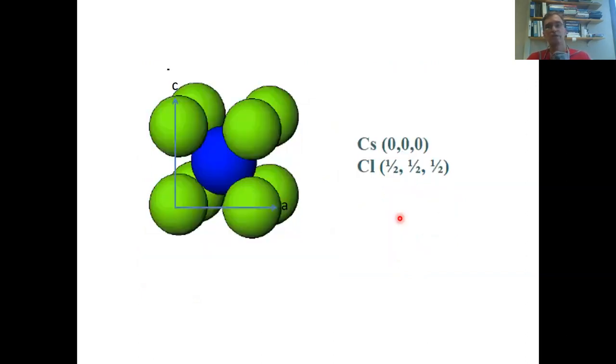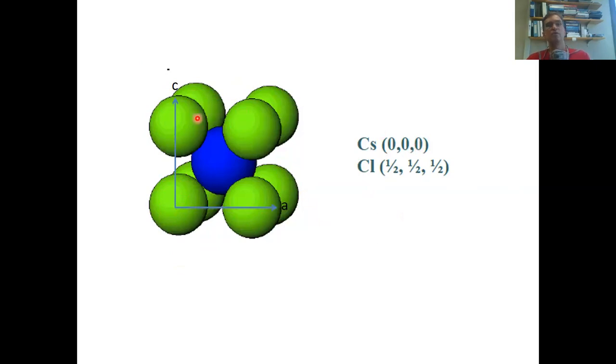All right, maybe one last example, just to finish up this chapter. We have here the cesium chloride with a primitive cell. So we can say that, if you define A this direction, C this direction, and B that direction here, and we define this the origin of our coordinate system, then this cesium atom here sits on the position 0, 0, 0.